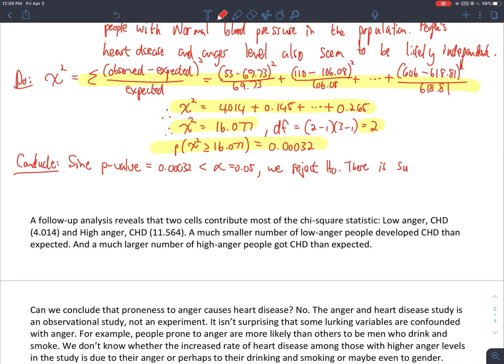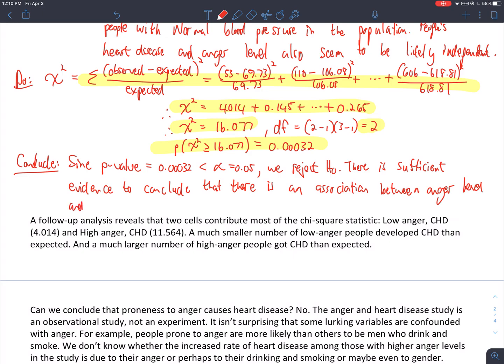Okay, there is sufficient evidence to conclude that there is an association between anger level and heart disease in the population of people with normal blood pressure.